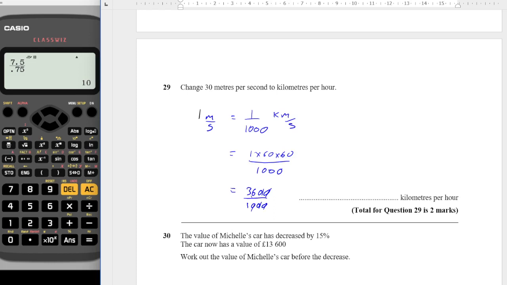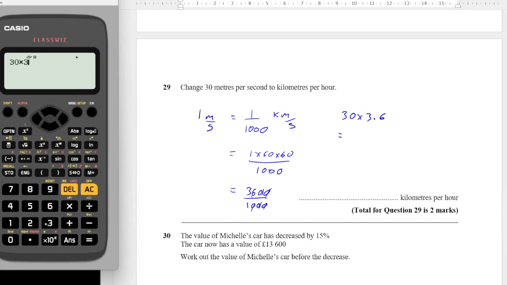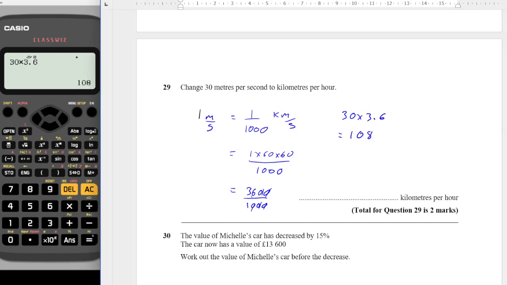So I'm going to times by 3.6. That's what I would need to do to convert 1. So I'm going to do 30 times by 3.6. So 30 times by 3.6 is going to give us 108.